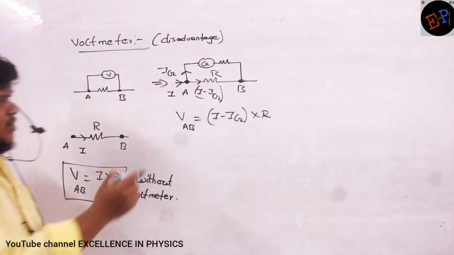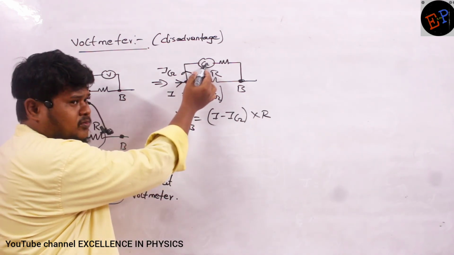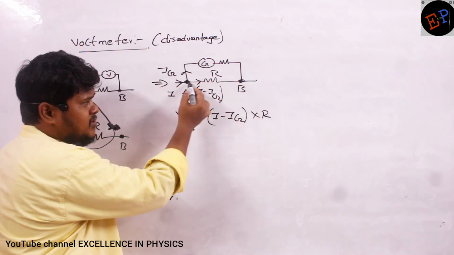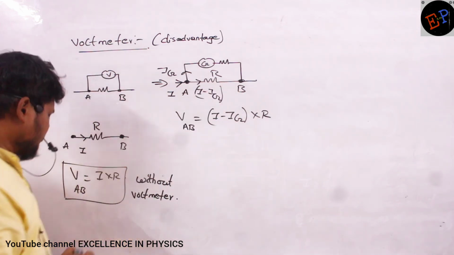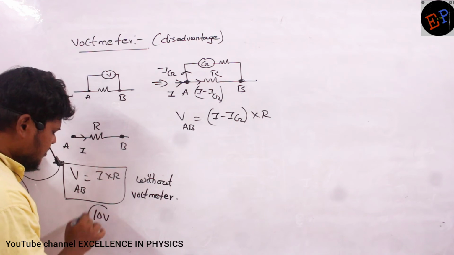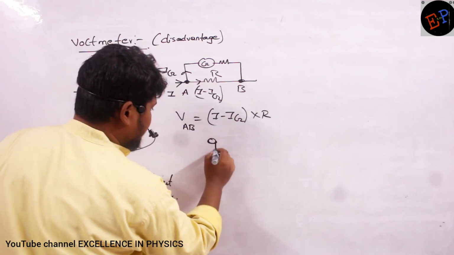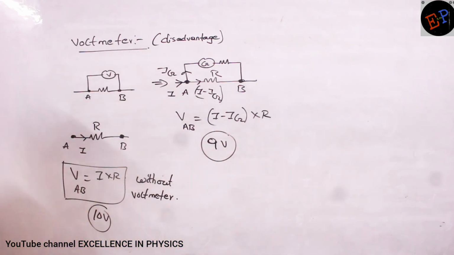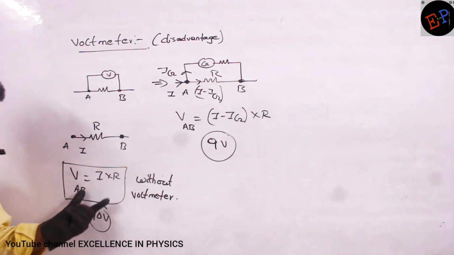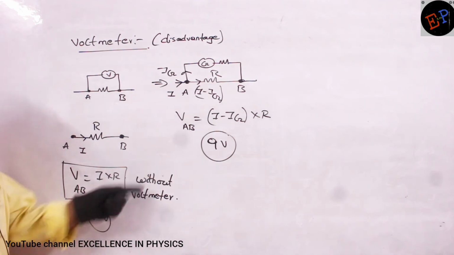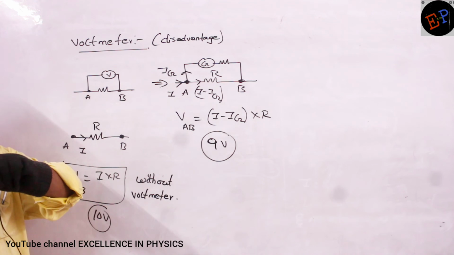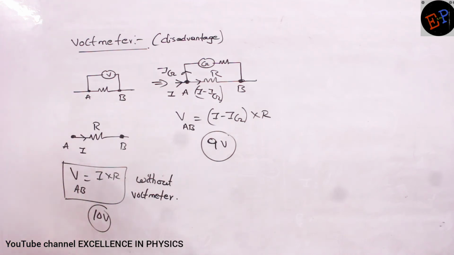And what will the voltmeter do? It will only measure potential difference between these 2 points. So actual potential difference, if it is 10 volts, but here voltmeter will measure only 9 volts. But actually what is the potential difference? 10. But it is measuring only 9. So that is the disadvantage of voltmeter. Are you able to understand?